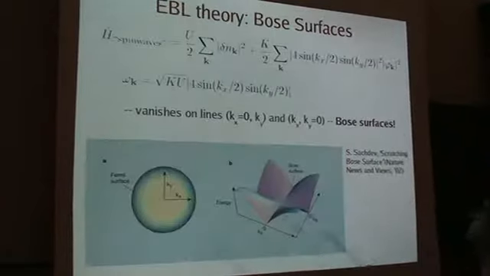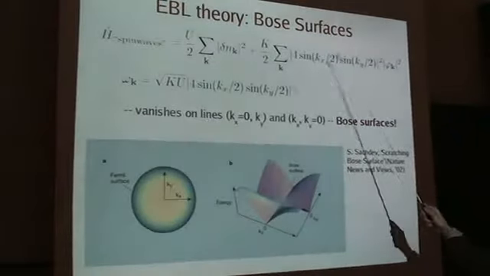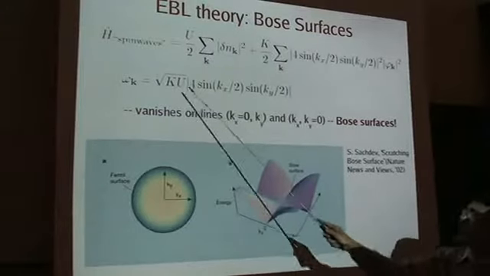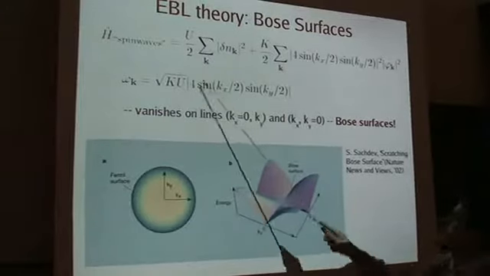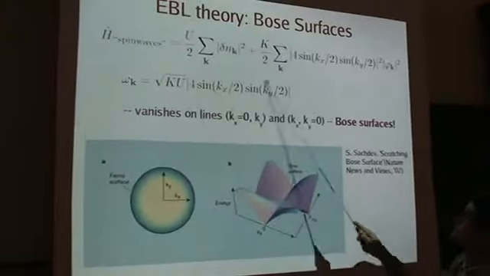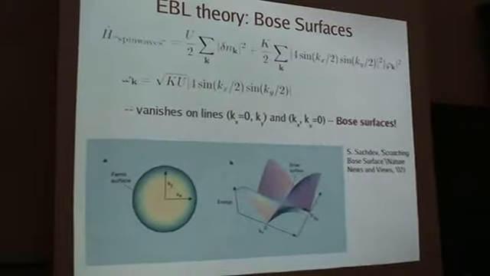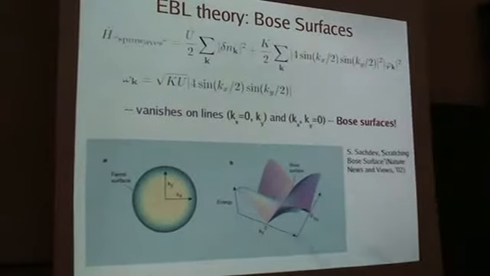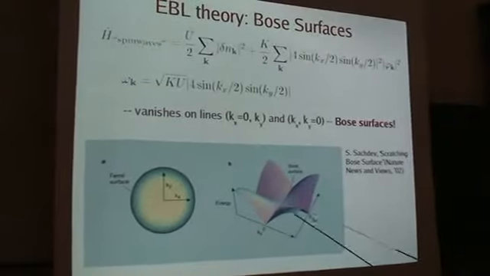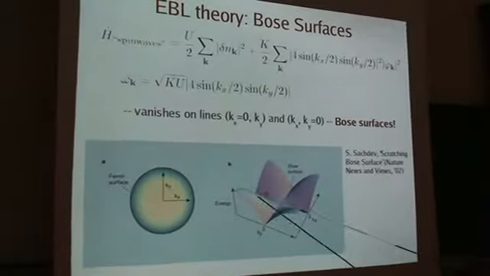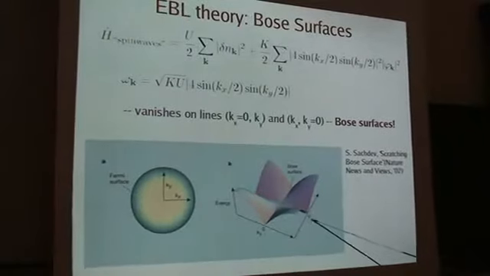So from this spin wave theory, from this Hamiltonian, you can immediately read off the dispersion, and it has this form, product of sine kx over 2 and sine ky over 2. An interesting thing about this dispersion is that it actually vanishes on the kx axis and on the ky axis.